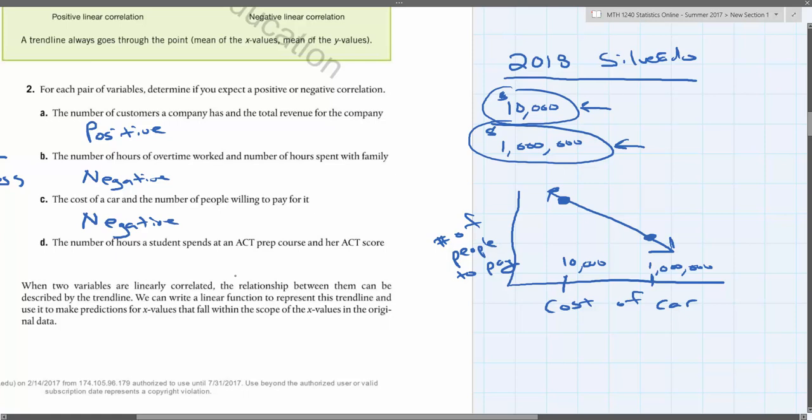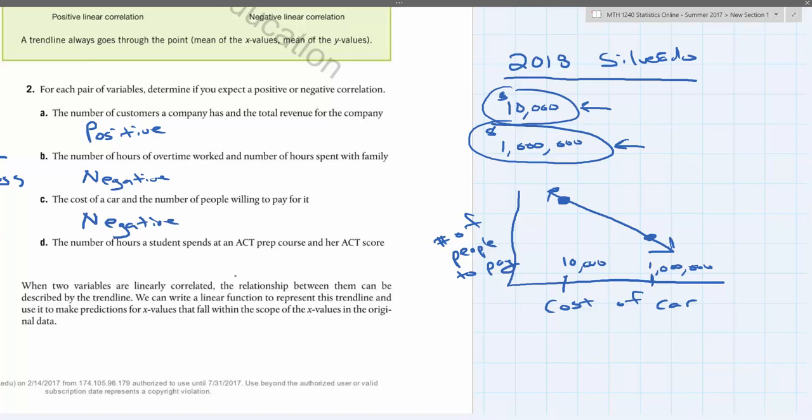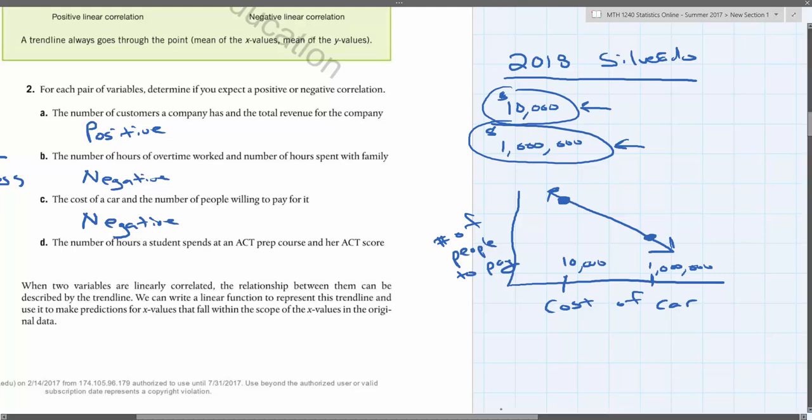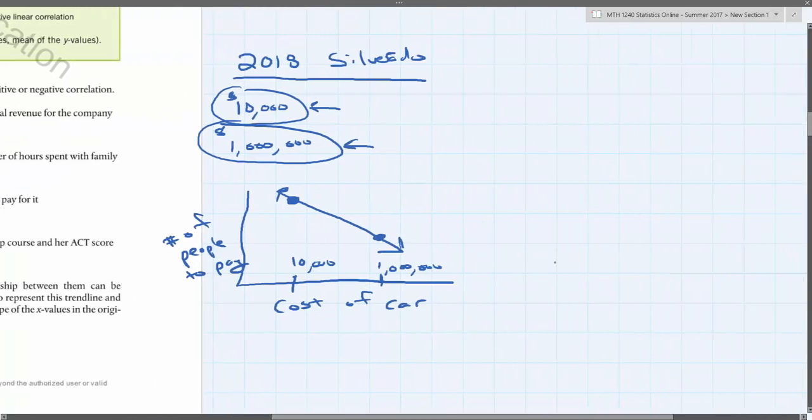So part D talks about the number of hours a student spends at an ACT prep course and her ACT score. With this one, along the x-axis, we have the hours spent prepping, and along the y-axis, we have ACT scores.